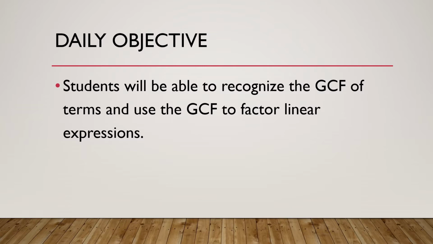So let's use the numbers 24 and 6. When we're talking about the greatest common factor of 24, we're talking about all the numbers that go into 24. You can think of it as numbers that you're multiplying together, or you can just start at 1 and work your way up.